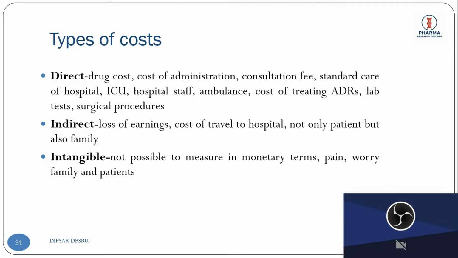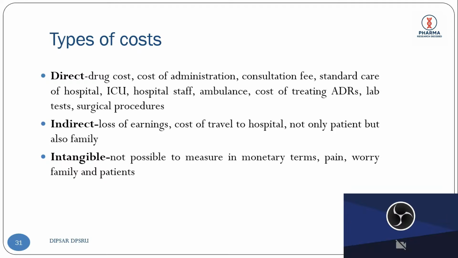Indirect cost is loss of earning, right? Cost of travel to the hospital, not only of the patients but also of the family, you have to consider. And there is another type of cost that we call intangible. Intangible is the cost which is not possible to measure in monetary terms. That is the pain and worry of families and patients that we put in the category of intangible cost, right?